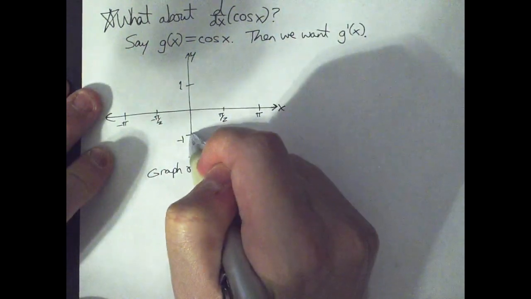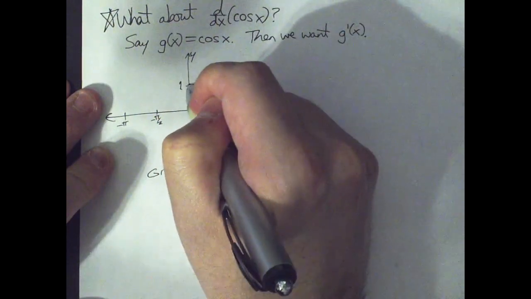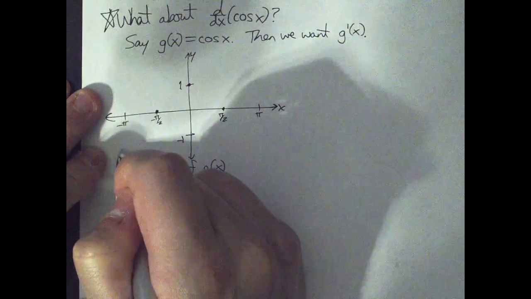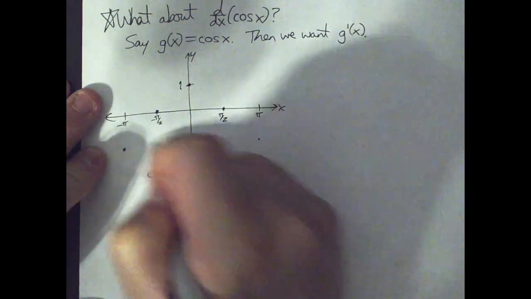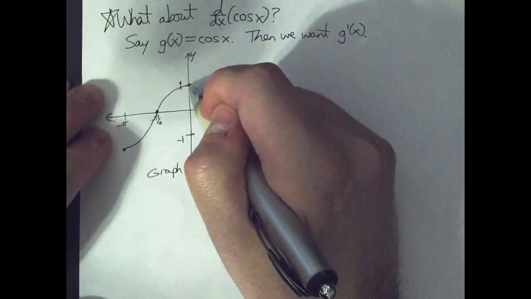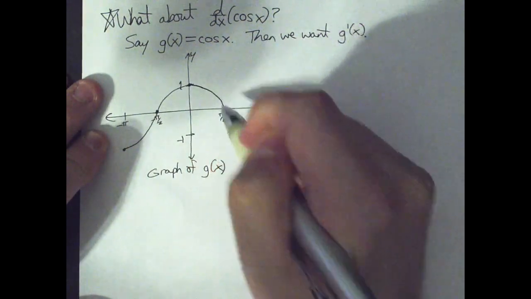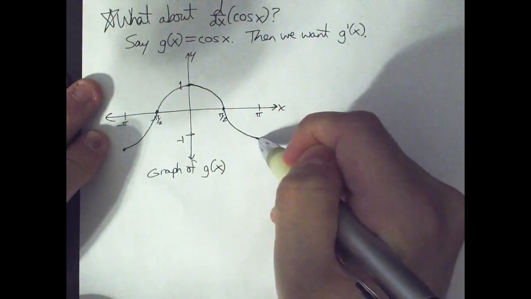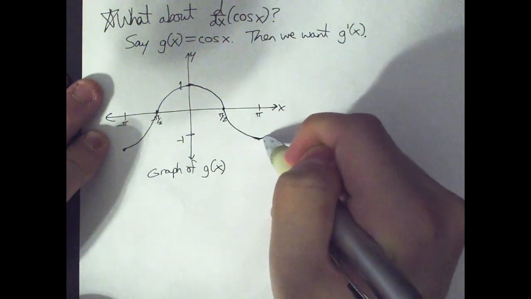So the graph of cosine we actually just had on the screen because it was the derivative of the previous thing. So, you know, it passes through these points. Don't get the graphs of cosine and sine mixed up. Remember that sine passes through the origin, cosine passes through a y-intercept of 1.